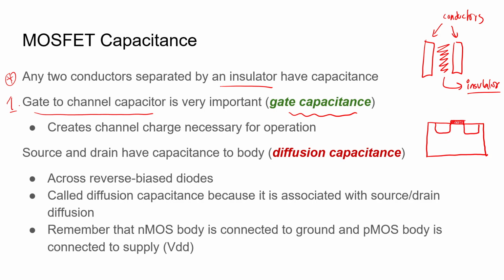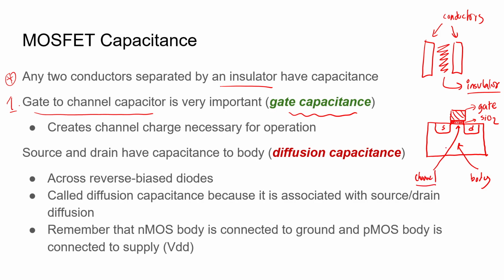So this is our insulator material, and on top of it we have our gate. This is our gate, this is our source and drain, this is the insulator or silicon dioxide, and this is our body. This gate capacitance is required to create a channel underneath the gate. So here is the channel.